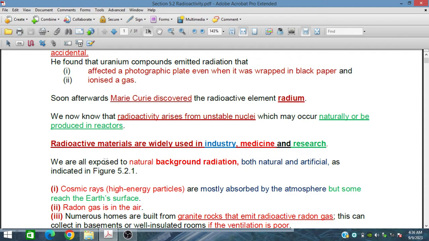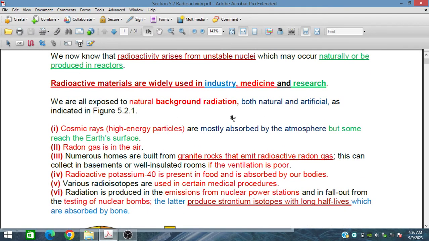We are all exposed to natural background radiation, both natural and artificial. Some of the background radiations are cosmic rays, which are mostly absorbed in the atmosphere, but some reach the Earth's surface as well. Radon gas is in the air. Numerous homes are built from granite rock that emits radioactivity. Radon gas collects in the basement or a well insulated room if the ventilation is poor.